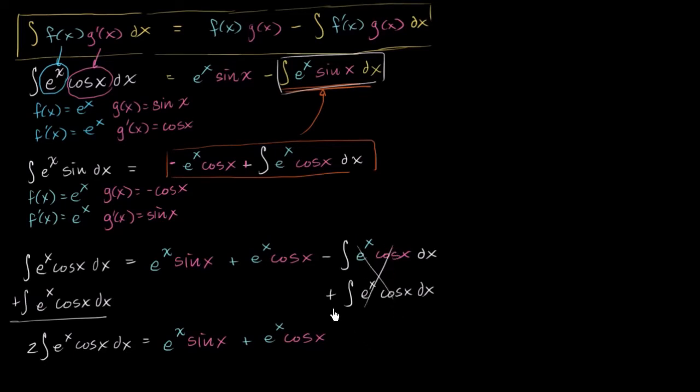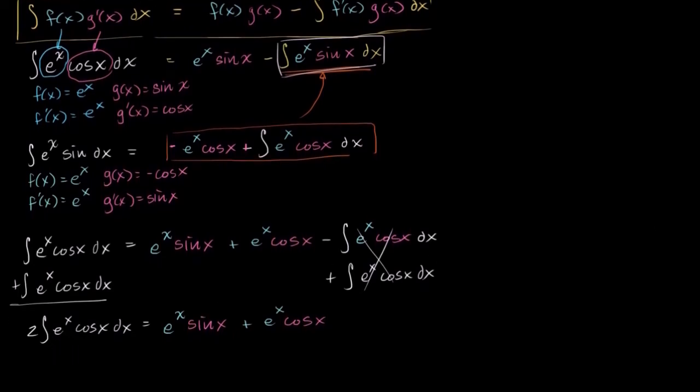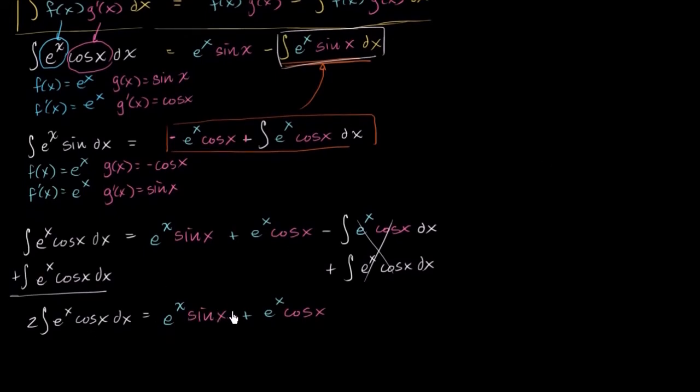And now we can solve for our original expression, the antiderivative of e to the x cosine of x dx. We just have to divide both sides of this equation by 2. So if you divide the left-hand side by 2, you're left with our original expression, and on the right-hand side, you have what it must be equal to.